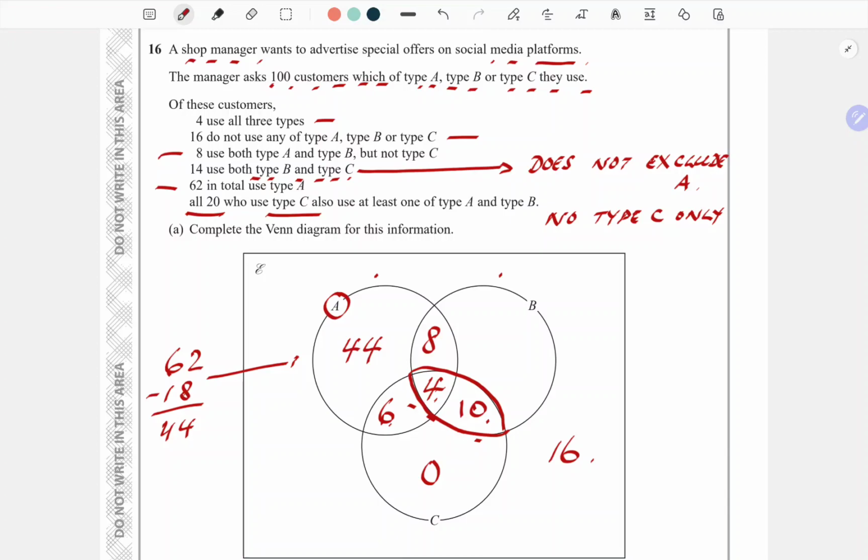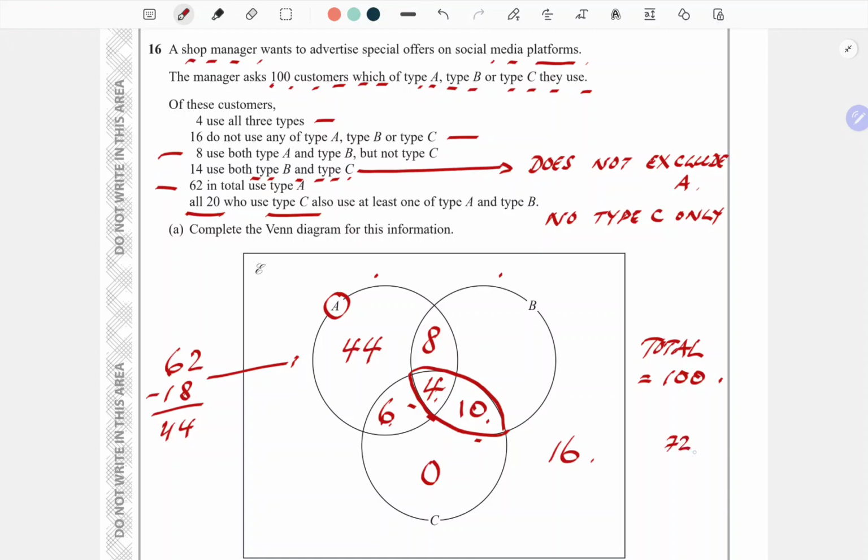Now, the one bit that we are missing is that having done all those numbers, remember we have the total equals 100, and we know that we have 62 in A, then we got another 10, which is 72, plus another 16, all right?